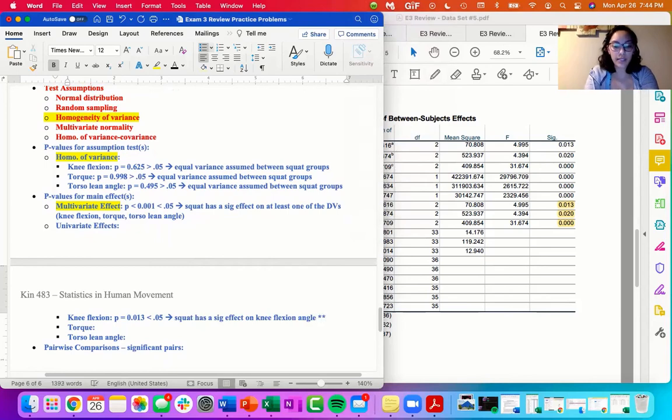So that means we would look at pairwise comparisons. Okay, for torque, that's the second p-value listed. So 0.020, also less than 0.05. So again, similar conclusion. Squat has a significant effect on torque, or joint moments. And we would also want to look at pairwise comparisons.